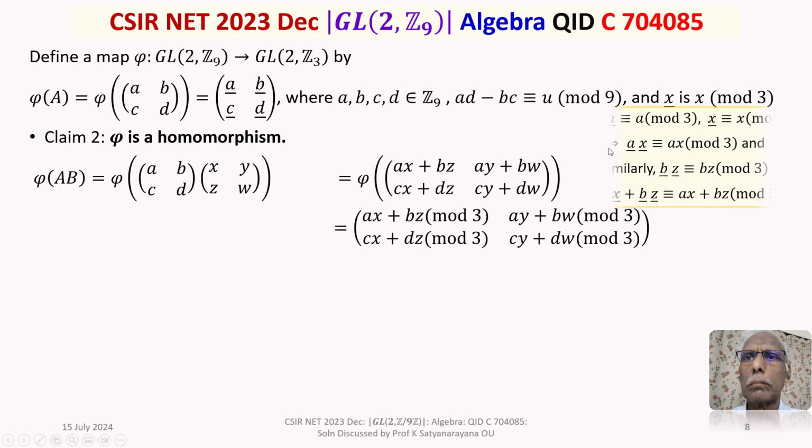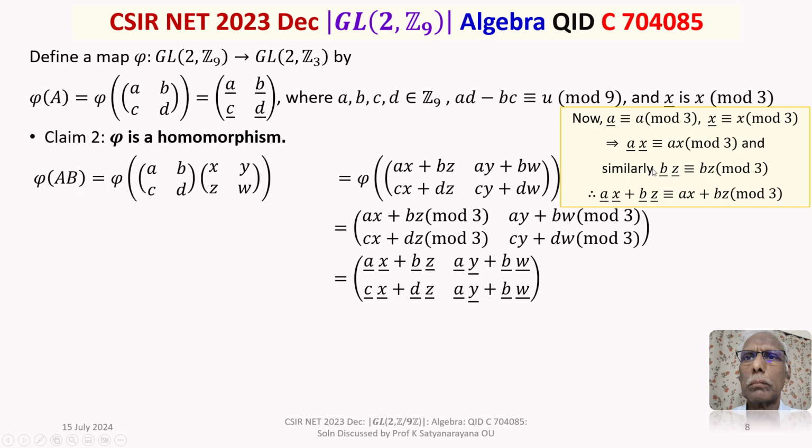And now AX plus BZ mod 3 is A underscore multiplied by X underscore plus B underscore multiplied by Z underscore, which is congruent to AX plus BZ mod 3. Therefore, replace by their underscores.